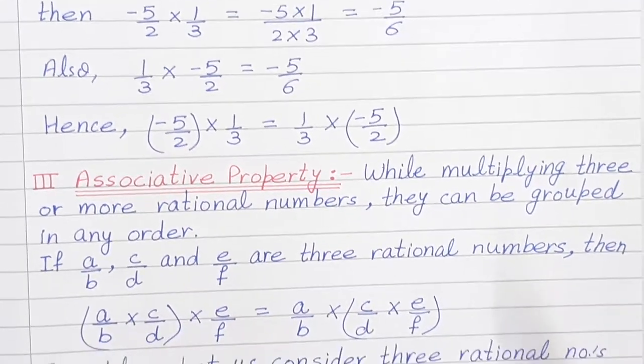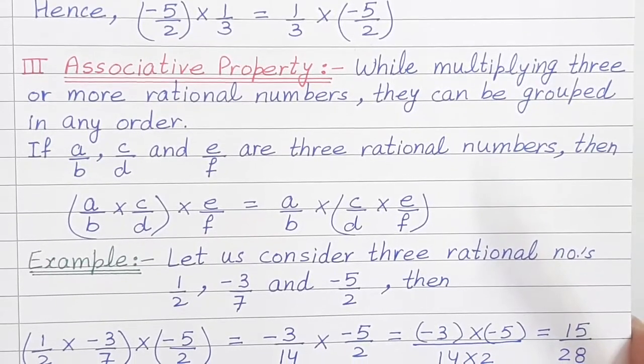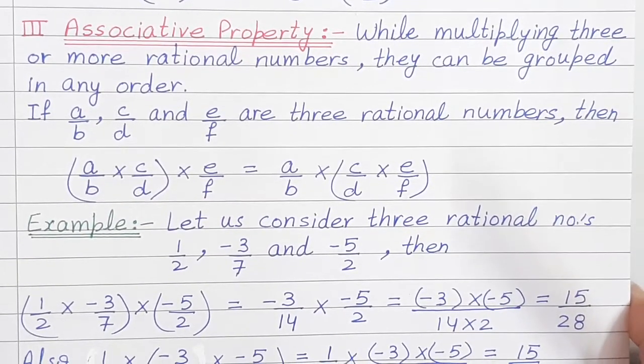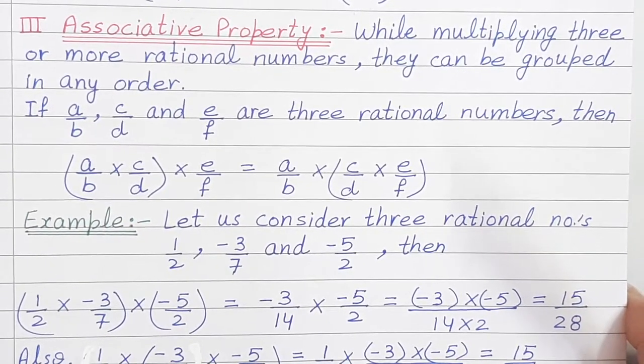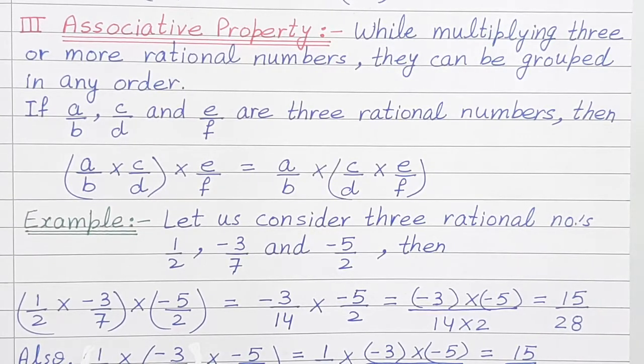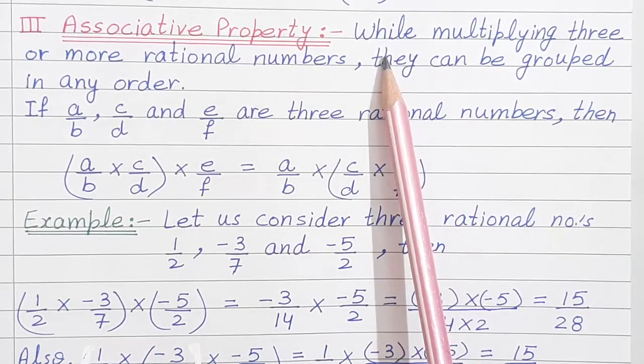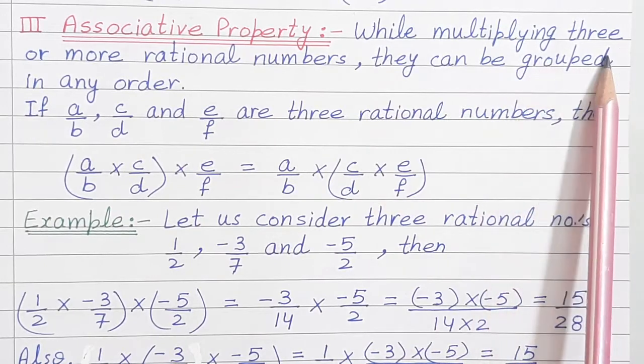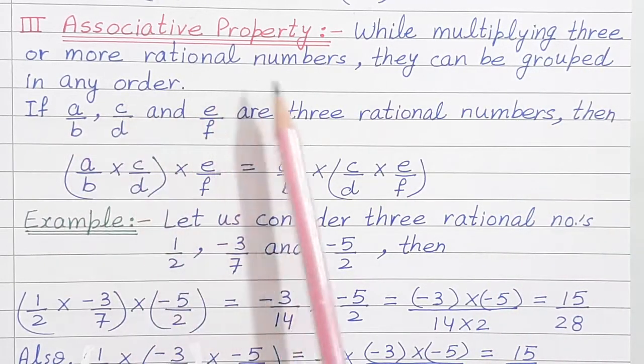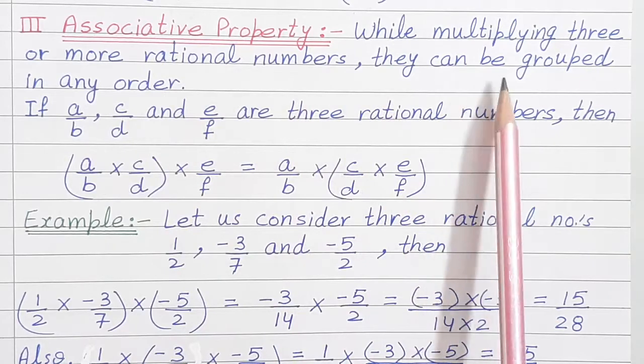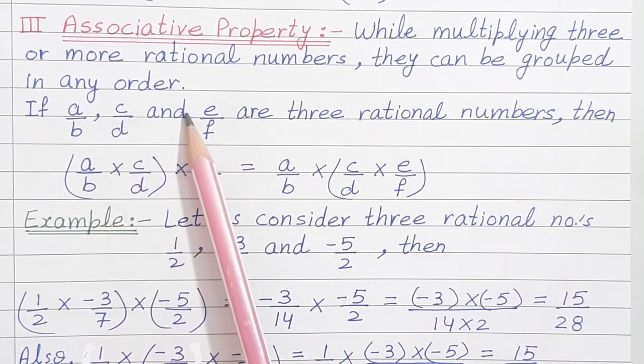Now students, let us discuss the next property, that is associative property. Here, in this property, while multiplying three or more rational numbers, they can be grouped in any order.